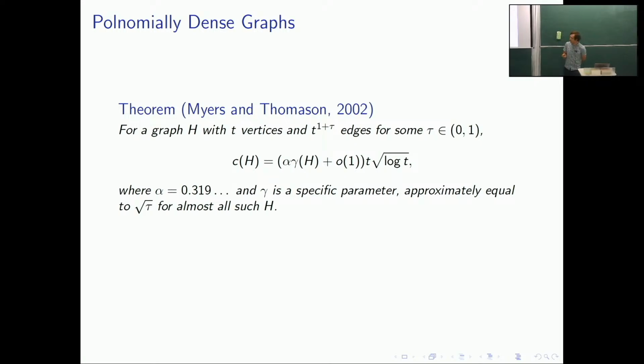So we say that a graph is polynomially dense if for some constant tau, the number of edges is t to the power of 1 plus tau for a t-vertex graph. So this theorem gives a formula for the extremal function of almost all graphs.